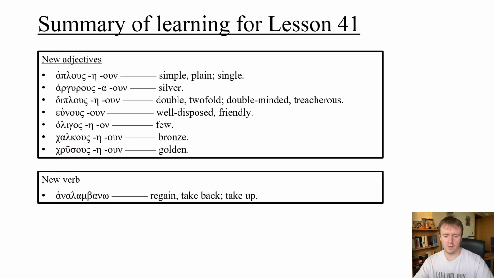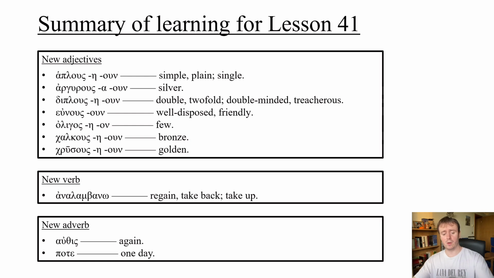We also met a new verb, analambano, meaning to regain or take back, or to take up. It's a compound verb. And we also met two new adverbs, autis, meaning again, and pote, meaning one day. We have met pote once before, but I haven't listed it as a word to learn until now.